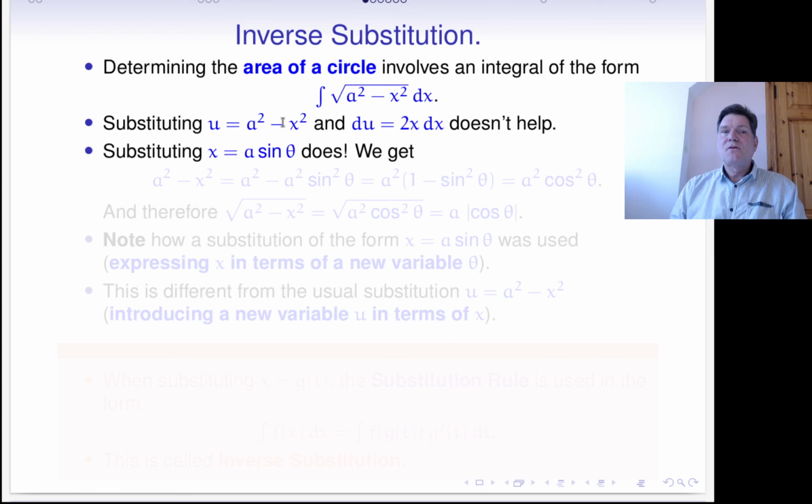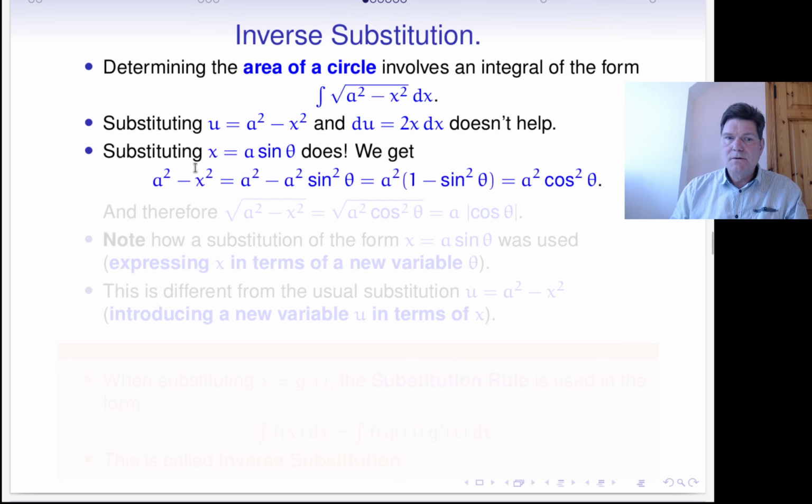miraculously substituting a times sine theta for x does work, because you can go through this calculation where the difference of the two squares, a squared minus x squared, becomes a squared times cosine theta squared, from which one can extract the square root.